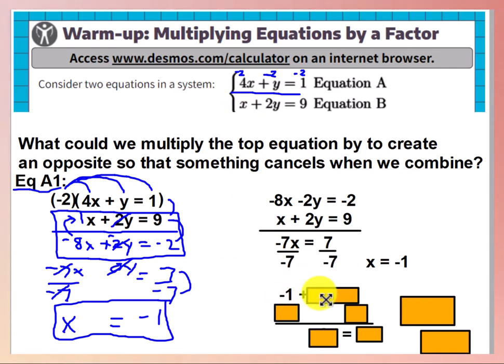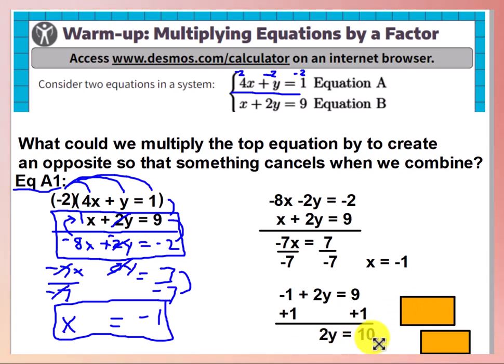So negative 1 plus 2y equals 9. Then add 1 to both sides. Negative 1 plus 1 is 0. Bring down the 2y. Bring down your equal, and 9 plus 1 is 10.